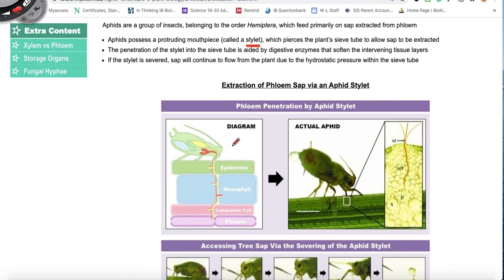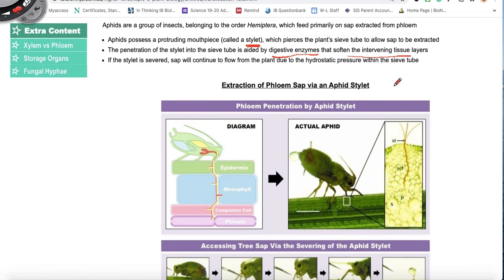So here you see a diagrammatic representation of the stylet penetrating the stem and reaching all the way to the phloem. Now, the stylet allows this penetration of the seed tube elements because they have these digestive enzymes that soften all these intervening tissue layers.